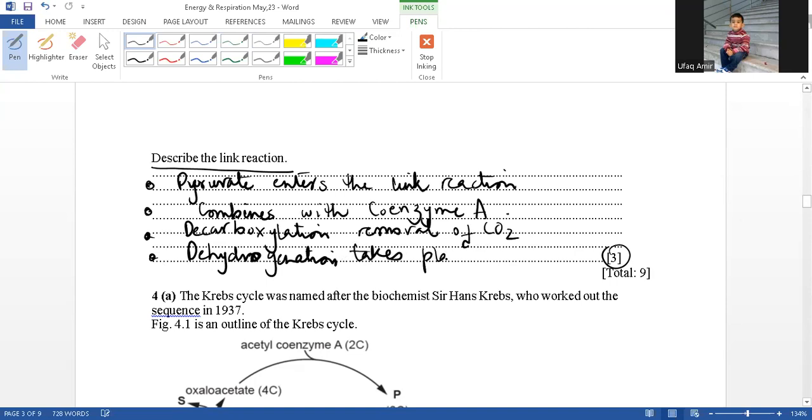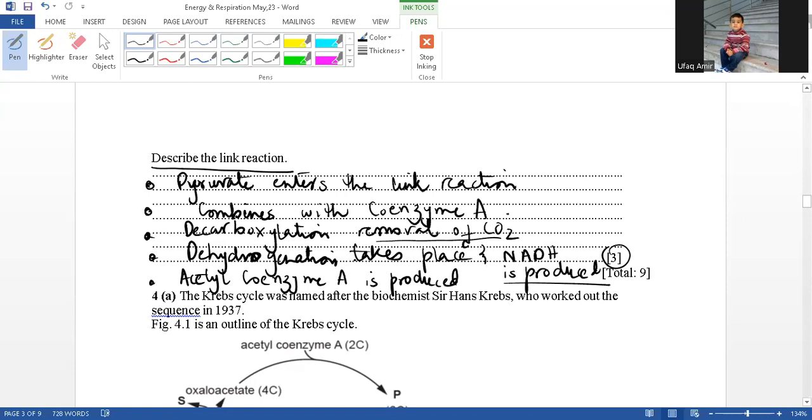And NADH is produced, carbon dioxide is produced, NADH is produced, dehydrogenation, decarboxylation, combination of pyruvate with coenzyme A will take place, and at the end, acetyl coenzyme A is produced.